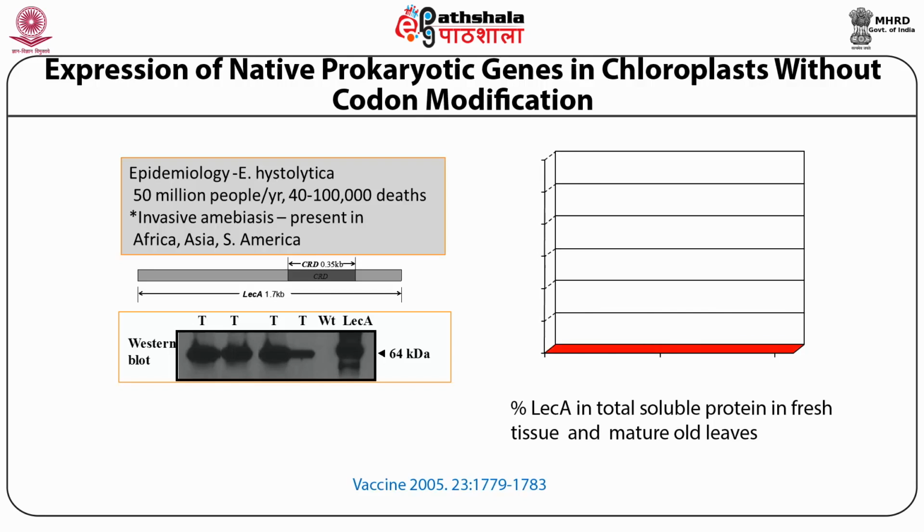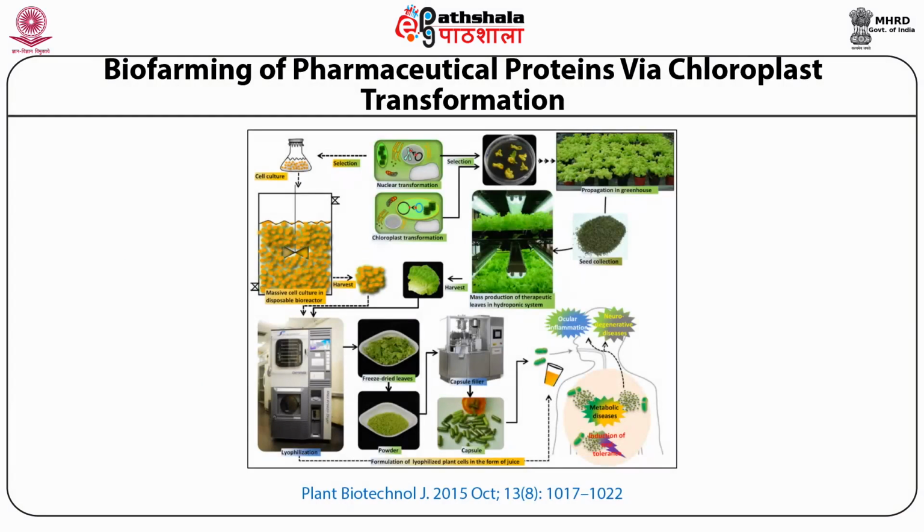Here we have shown that if you can express the protein in bulk amounts using chloroplast transformation, then there is a possibility that we can reduce the extraction and purification cost.